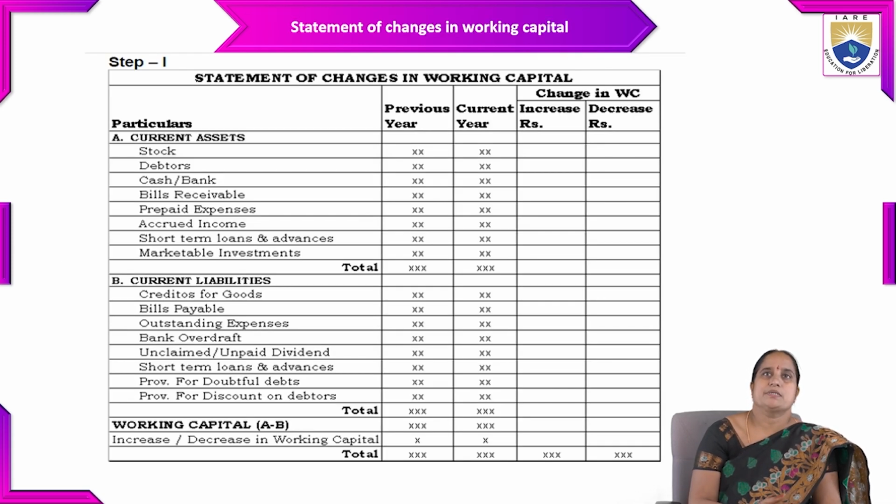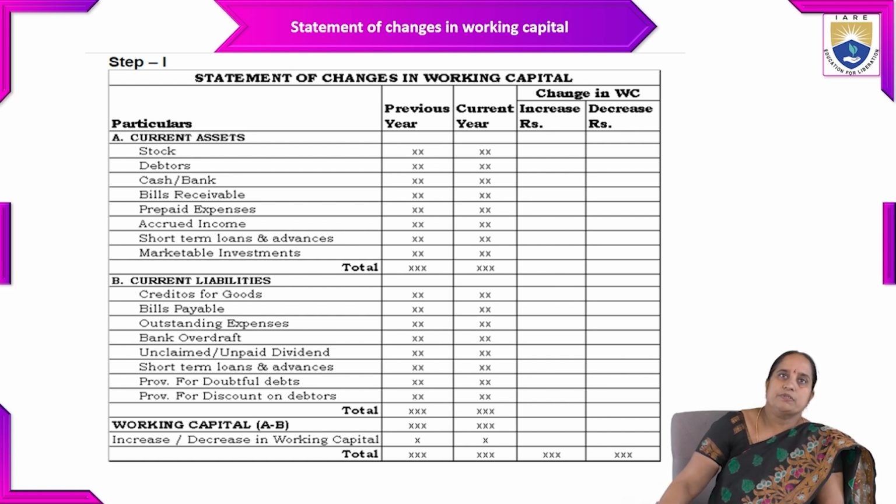So let us take the statement of changes in working capital. This is the first step in funds flow statement. The pro forma of the statement of changes in working capital is like this, which includes current assets and current liabilities, then we are going to find out the changes in working capital. What comes under current assets?